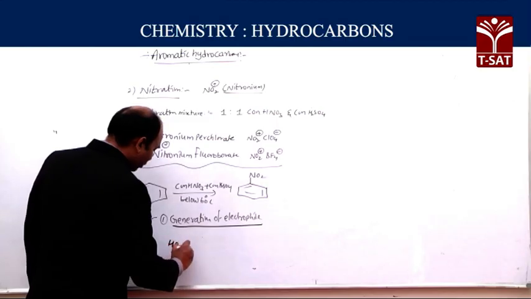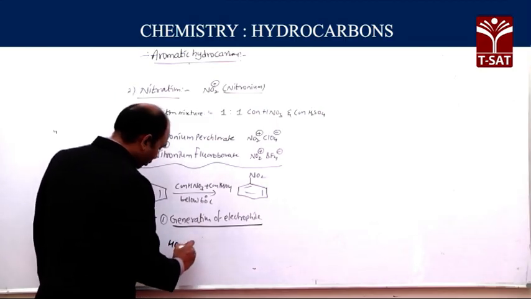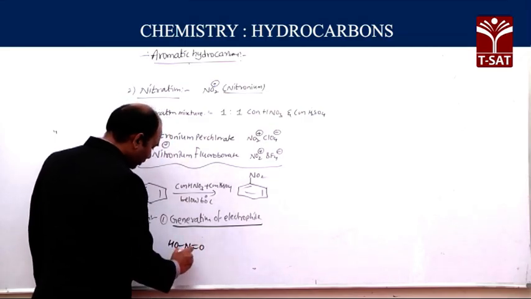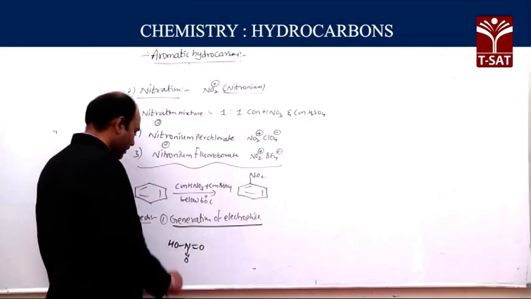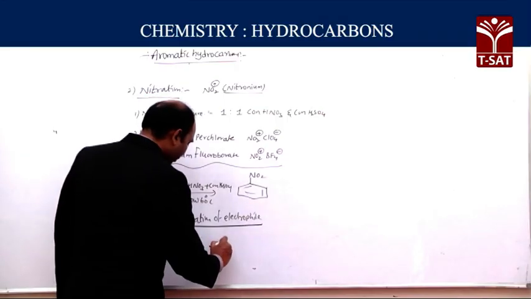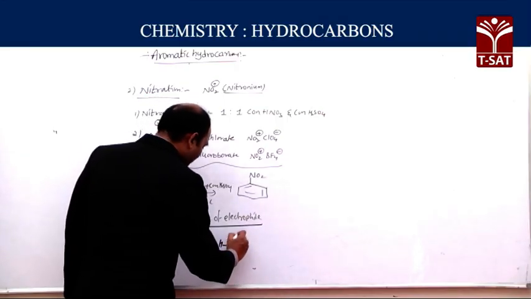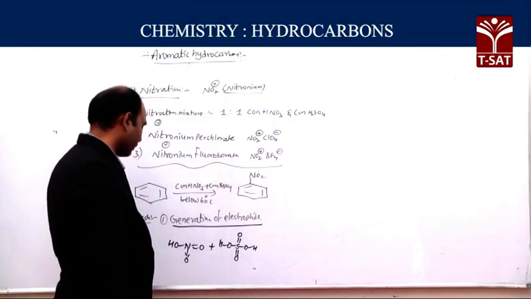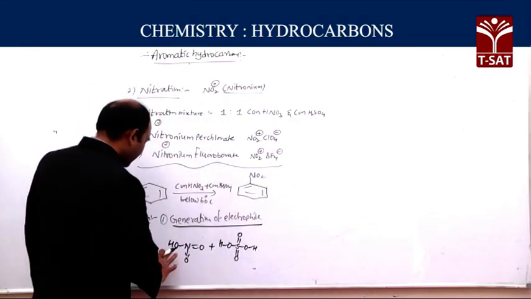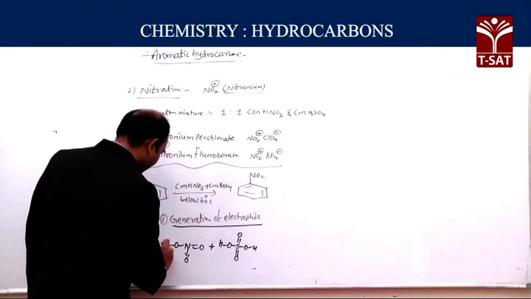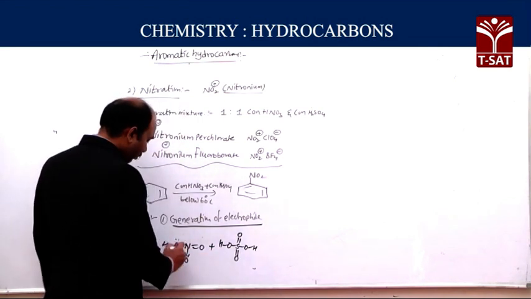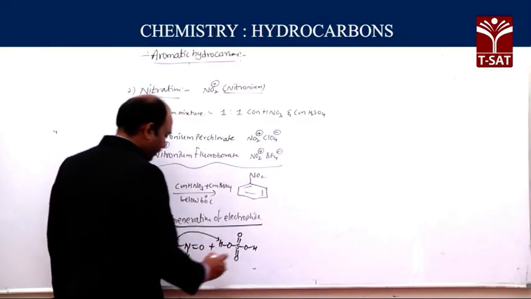This is nitric acid, HNO3, with a double bond to O, plus H2SO4, HO-S double bond O-OH. This one has hydrogen. The oxygen lone pair abstracts this H plus.